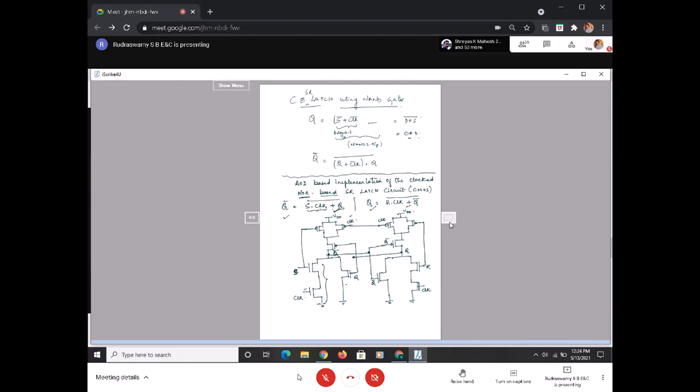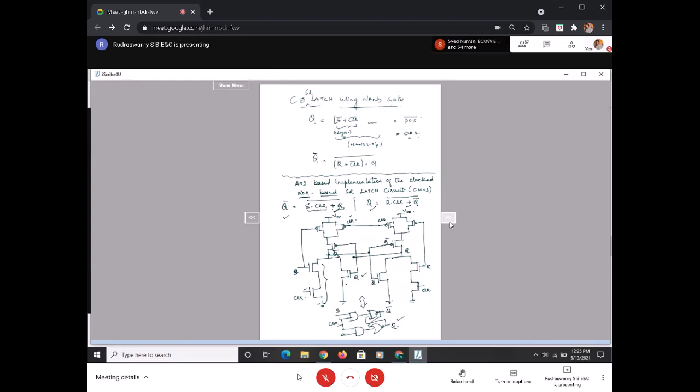Now this is your equivalent circuit for what you had written over here. R, this is the clock, this is your Q bar, and this is Q. So now this is using the gates, and this is using the transistors, that is the CMOS.